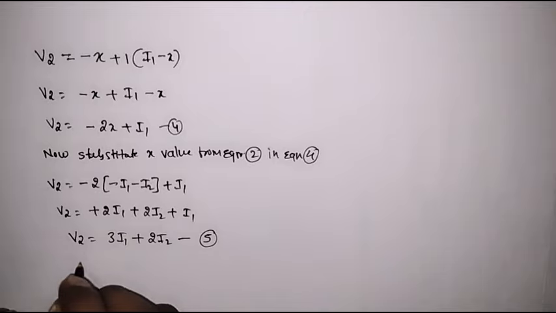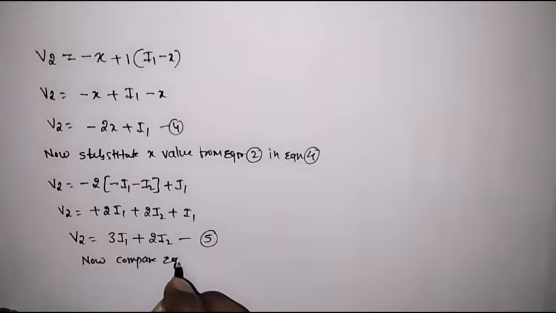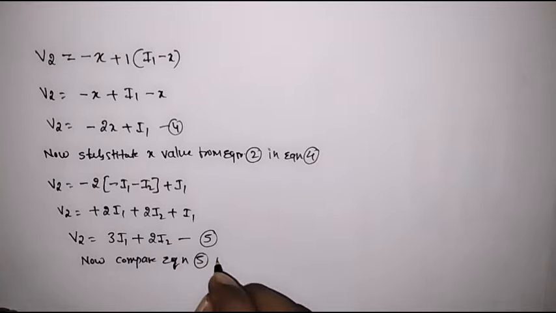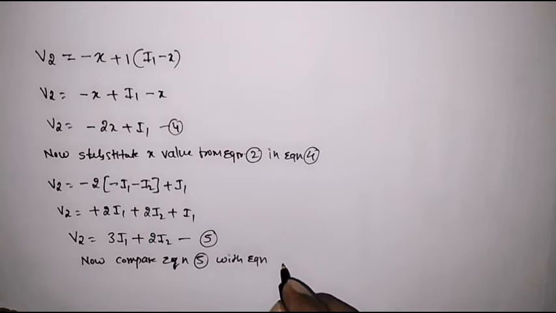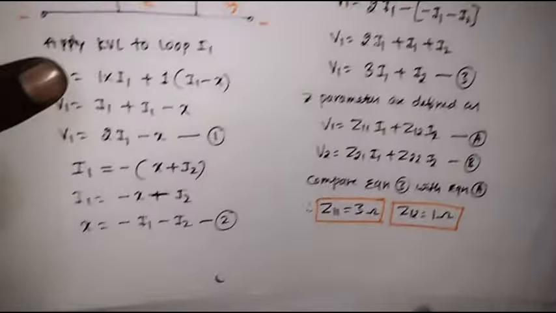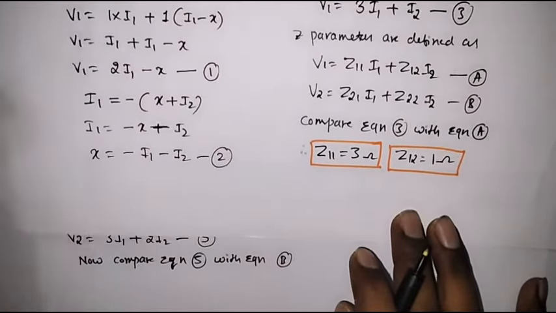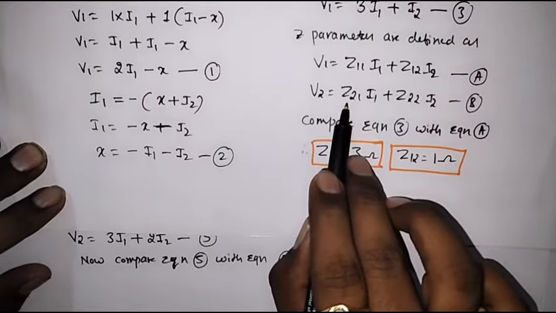So now compare equation 5 with equation B. Equation B is given by this equation where the coefficient of I1 is Z21.